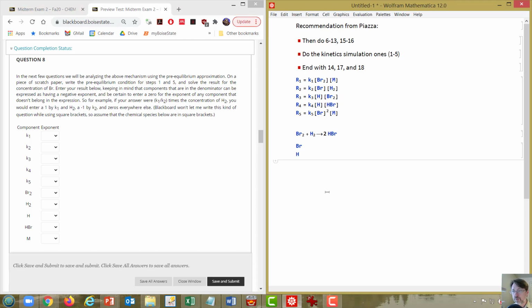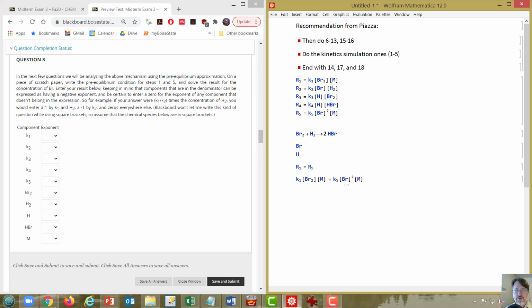The pre-equilibrium approximation says that in a reversible reaction, the forward rate equals the reverse rate. So that is R1 equals R5. That is the pre-equilibrium approximation. So we take our expression for R1 and we set it equal to our expression for R5.